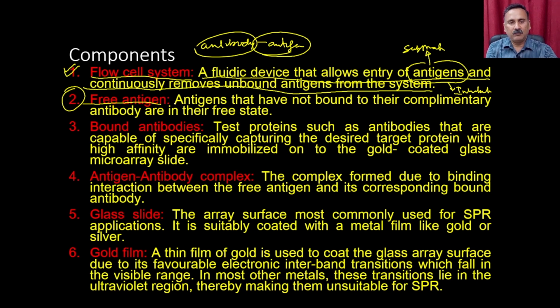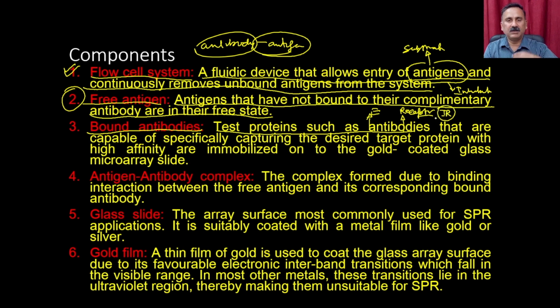Then you have the antigens that have not been bound to their complementary antibody, that are in their free state. Then you also require the bound antibody, so the test protein such as an antibody, or the enzyme, or the receptor. You can use anything, right? For example, you can use the insulin receptor, and you want to measure whether the insulin receptor is interacting with the insulin.